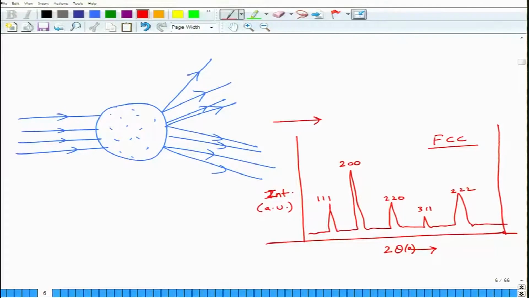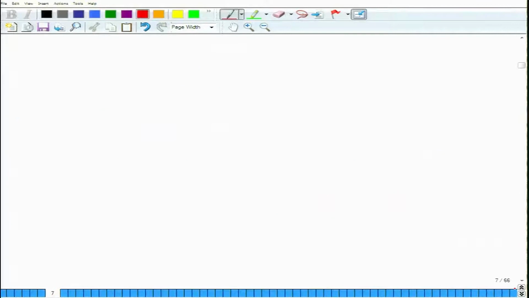What we observe normally in an X-ray diffraction pattern of a real crystal is different from the ideal. Ideal X-ray diffraction requires n lambda equal to 2d sin theta, which means we must have a fixed theta.